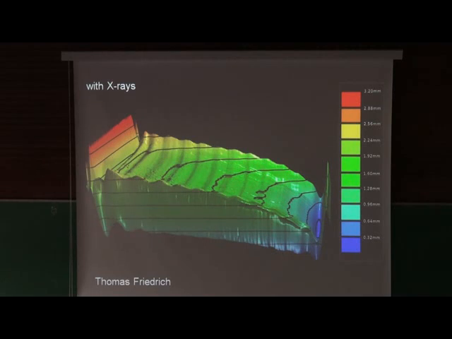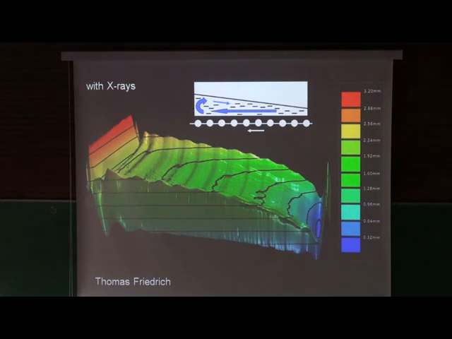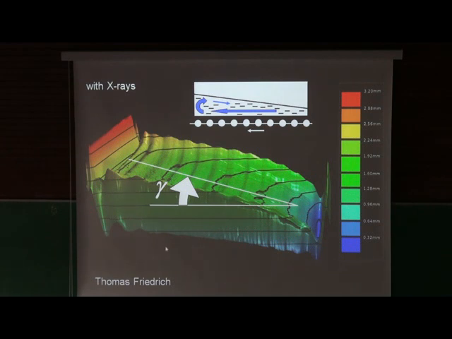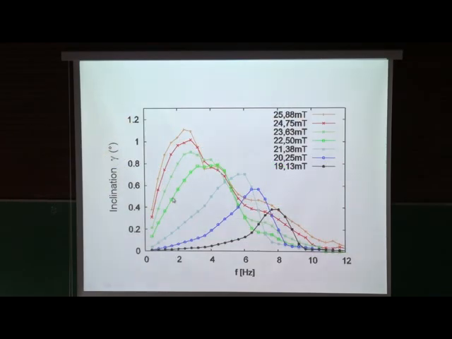And what you see here is that this propagating wave in the resonance regime is really shifting liquid, because here you have a container, and in that way you have a liquid ramp. You are creating a liquid ramp in that container by this traveling magnetic induction. You can measure the inclination gamma here, and this is what we did.